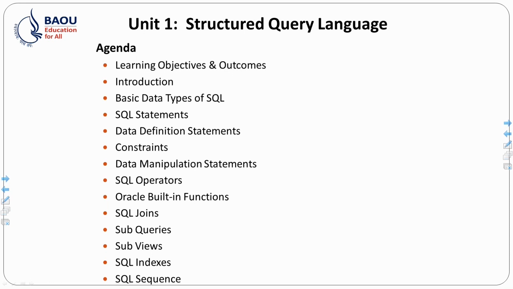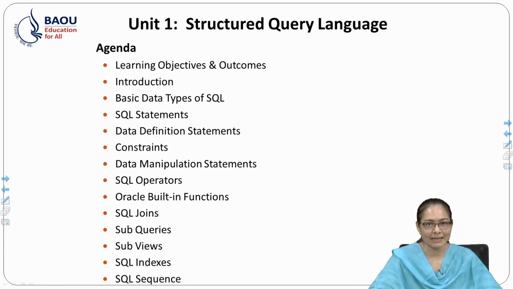Next is the data manipulation statements, like record related commands, for example, insert, update, delete, etc. The SQL operators like arithmetic, character operator, comparison, range searching, pattern matching, logical set operators, etc.